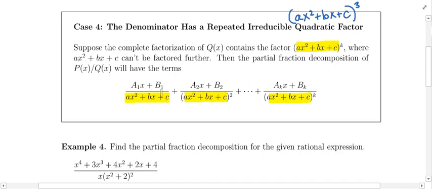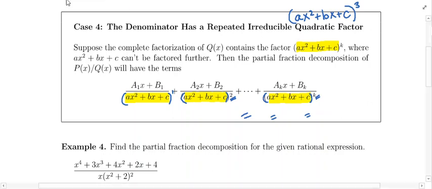It will start with the first power, and then in the second fraction, this quantity will be squared. And then you will keep doing that until you get to the kth power. So you'll have the third power, the fourth power, all the way up to the kth power.